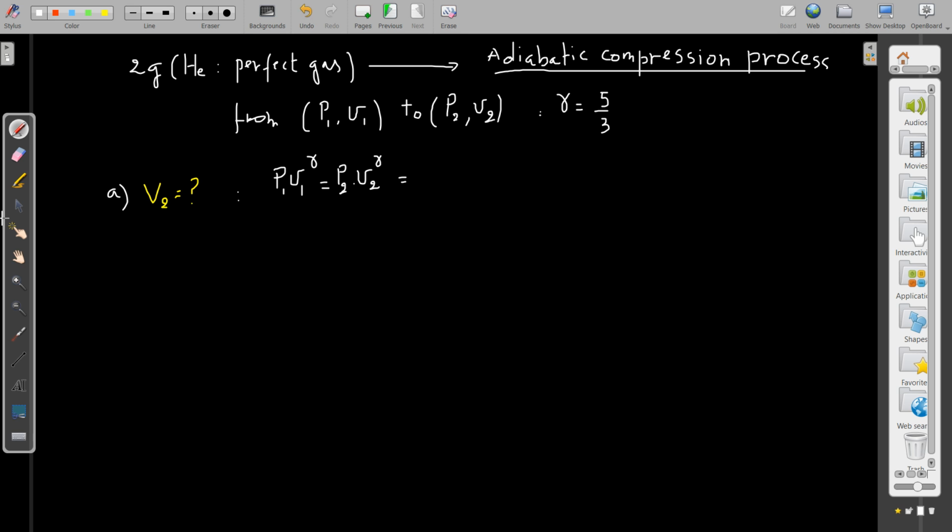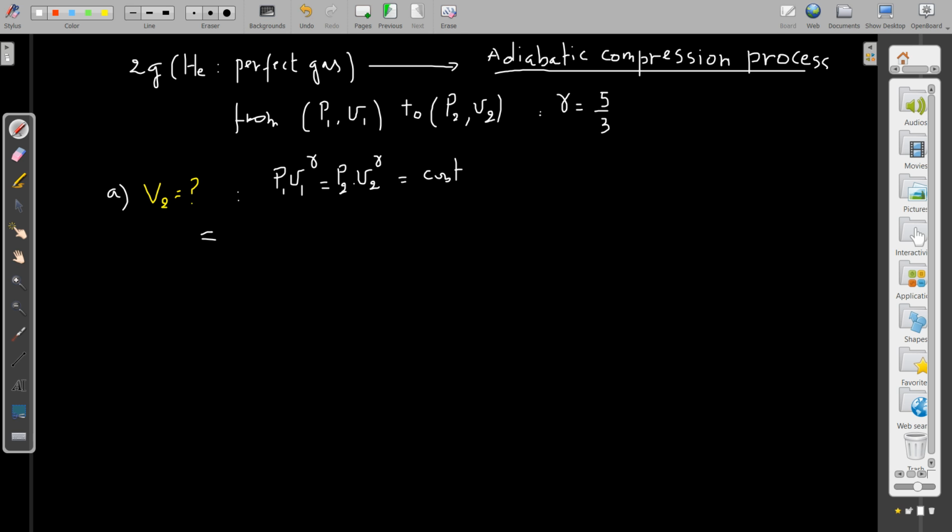Of course, all of them are equal to a constant. We don't pay attention to the constant, but we know that P1 V1 power gamma equals P2 V2 power gamma. This can be proved in your lessons.